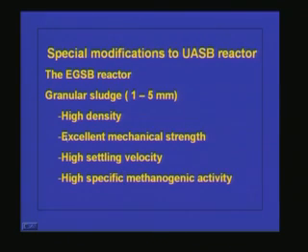And nowadays, we have seen that the UASB, or upflow anaerobic sludge blanket reactor, is most commonly used for domestic wastewater treatment in tropical countries. There the sludge is in flocculant form. So, when the sludge is in flocculant form, its settling velocity is very low.